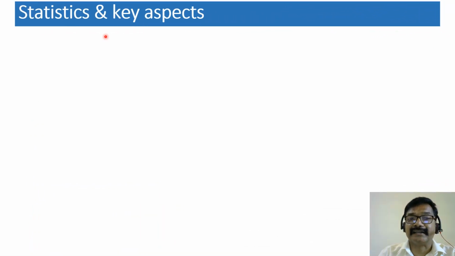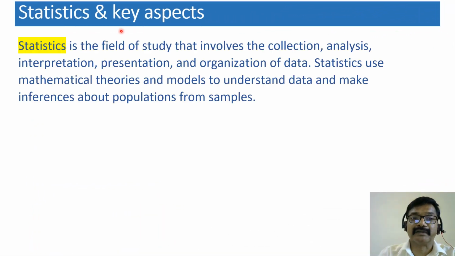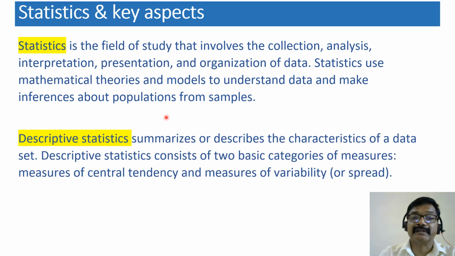What is statistics and its key aspects? Now let us start. Statistics involves collection, analysis, interpretation, and presentation of the data. It is even a mathematical model and theories which can draw conclusions about the population. Then there are two different types of statistics.